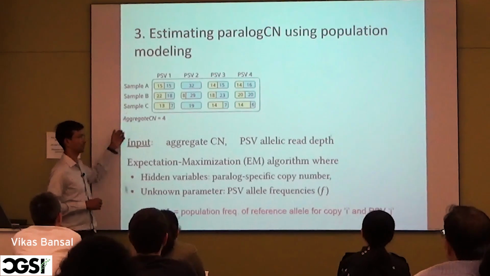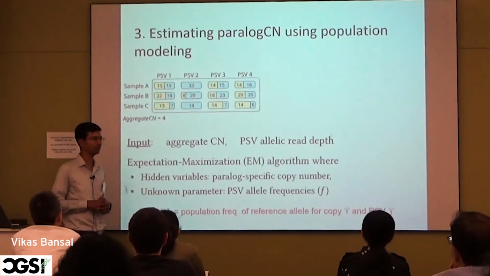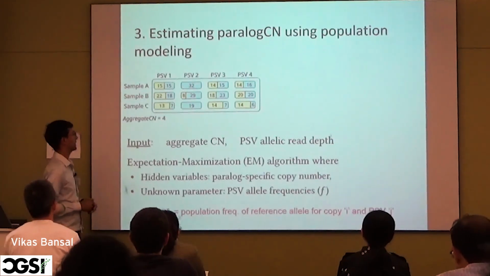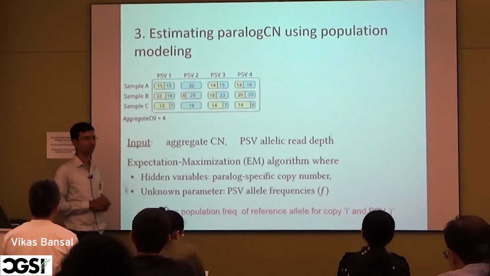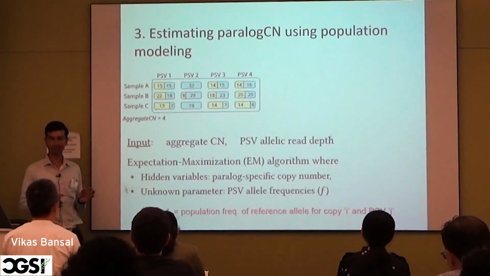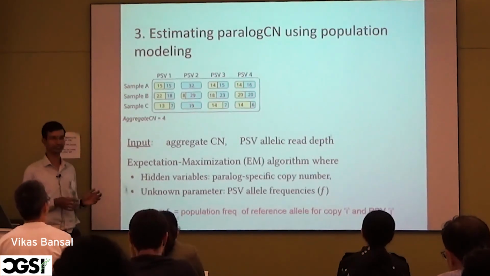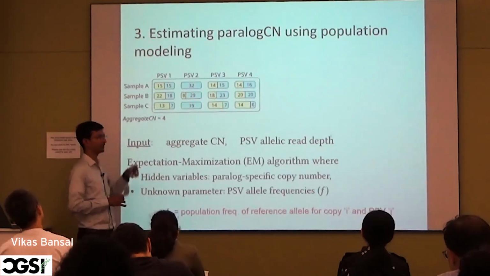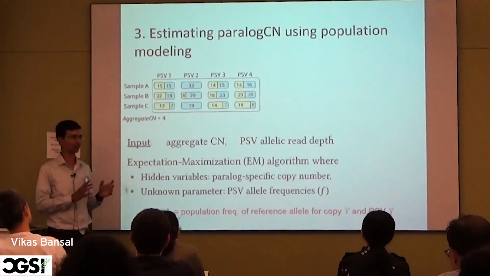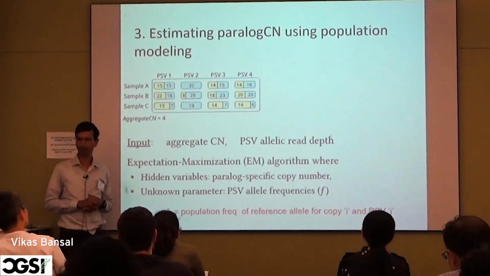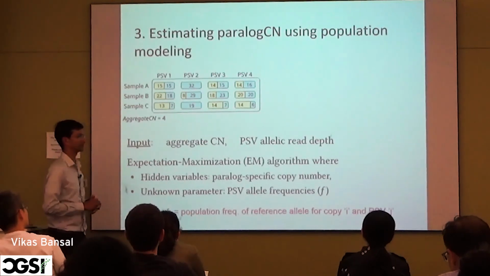I'm showing here 3 samples, A, B and C, and each of these samples has an aggregate copy number of 4. I'm showing 4 PSVs, and each cell shows the allele-specific read counts for each PSV and each sample. So sample A at PSV1 has 15 reads for the yellow allele and 15 reads for the blue allele, and similarly for other PSVs.